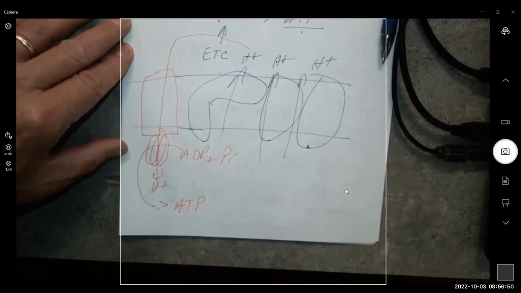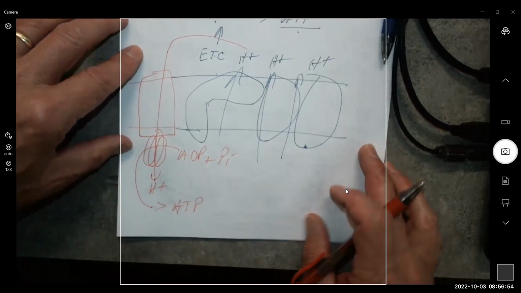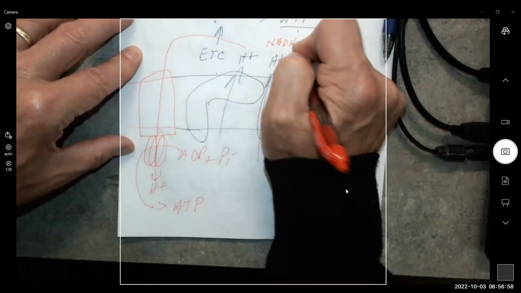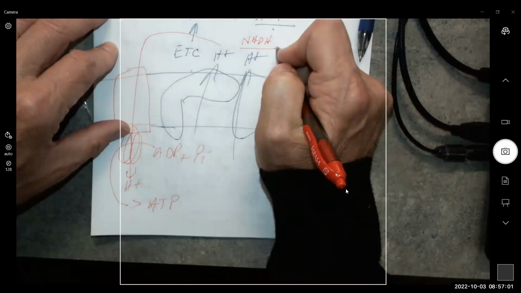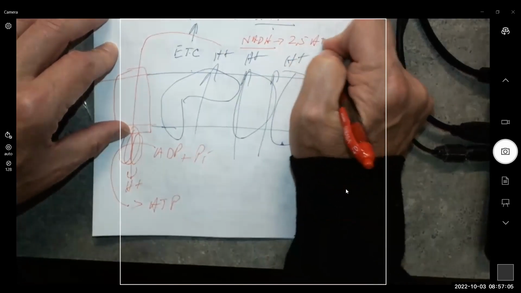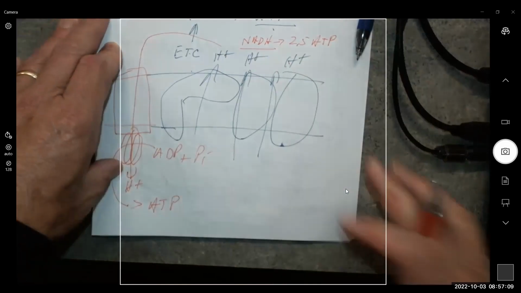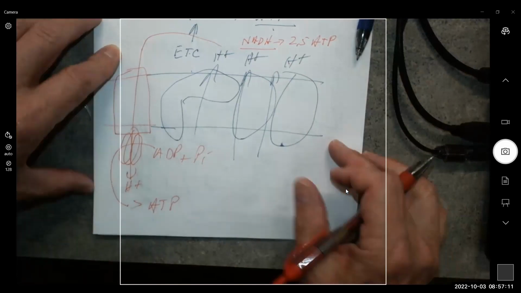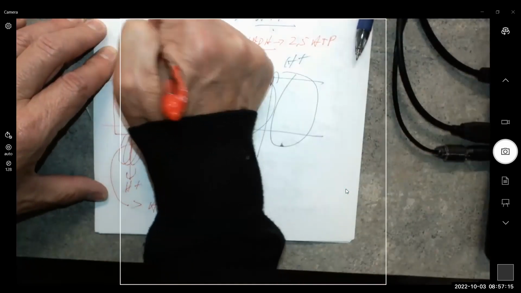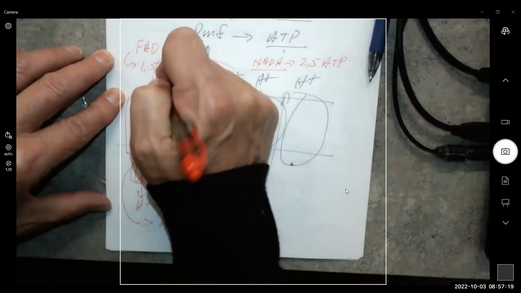So in mitochondria, it seems as though for one NADH, you're going to make somewhere around 2.5 ATP. That's kind of the way the numbers fall out for now. For every reduced flavin, you're going to make about 1.5 ATP.